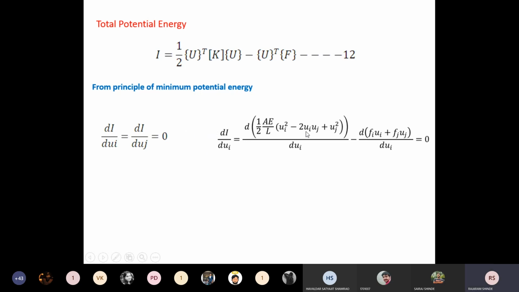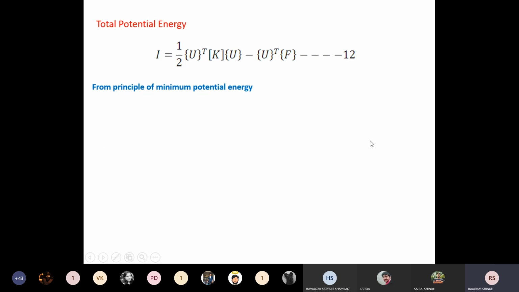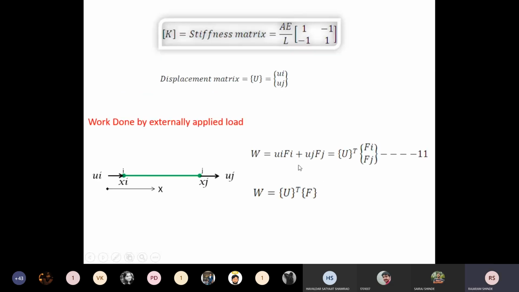Now from where I have taken this equation? Can anyone tell? You see here, this equation is here. This equation, UiFi, here I have taken capital; you can take capital or small.